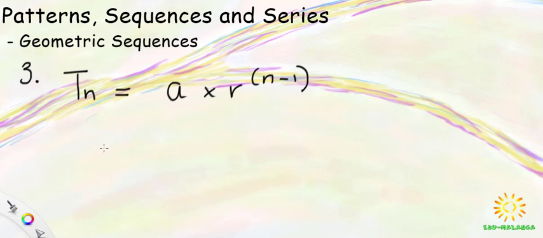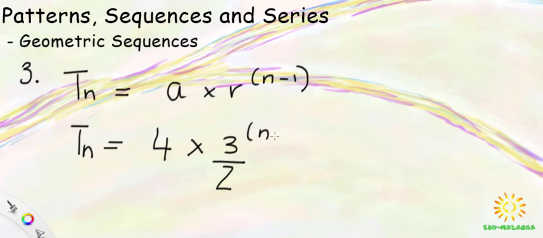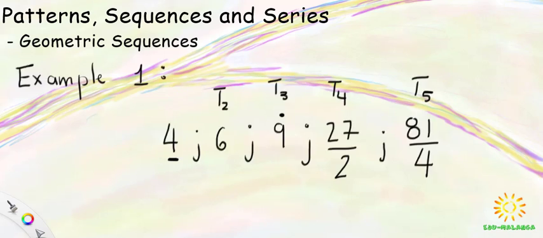So then for the sequence, the general term Tn is equal to, our A was 4 times 3 over 2 to the power of n minus 1. And this is the general term for the sequence that we're looking at.